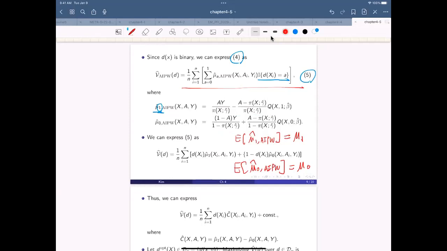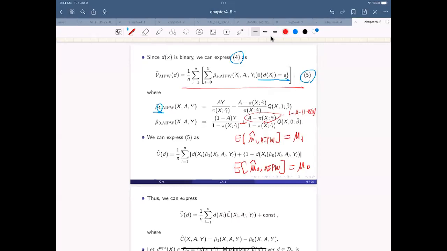You can check the same story, but you notice that you have a sign reversed because this guy is 1 minus A, minus 1 minus pi, and then you have a minus. So you have a minus, and you are now using 1 minus A instead of A, and 1 minus pi instead of pi, and then 1 cancels, and minus cancels, so you get plus.